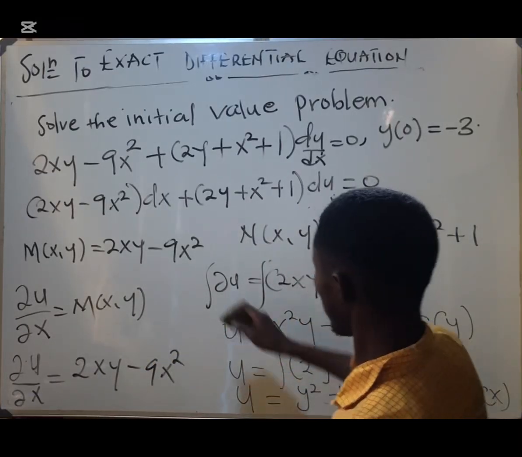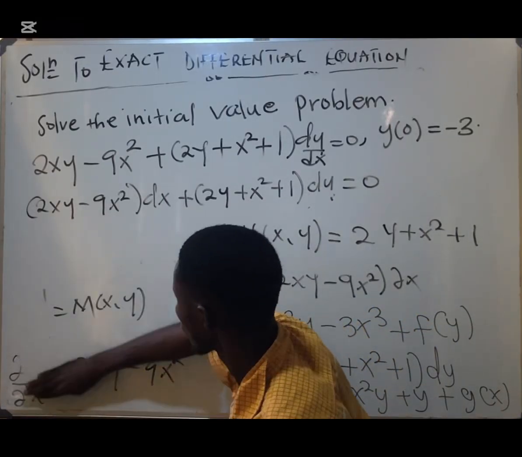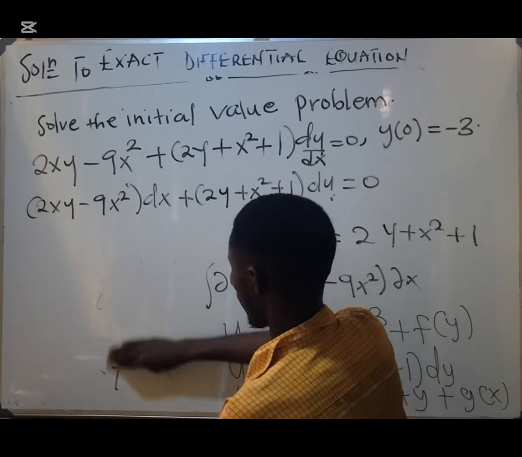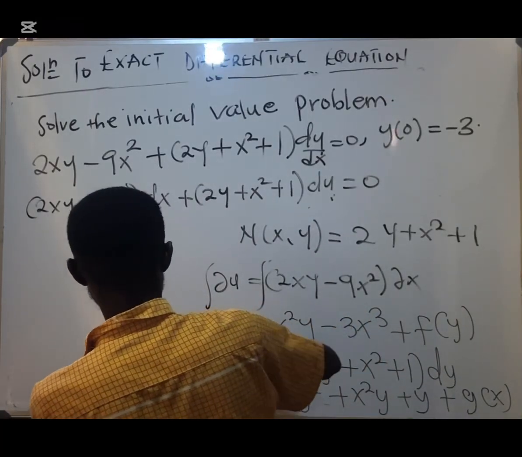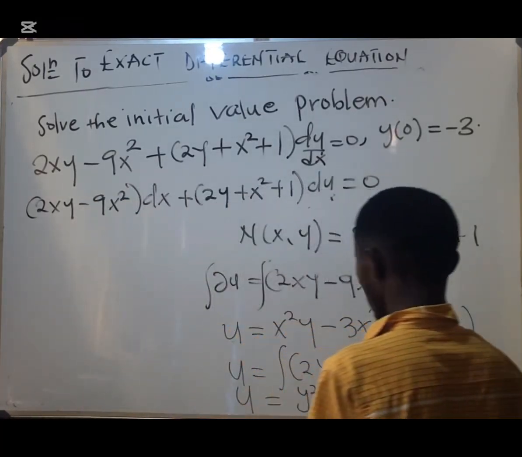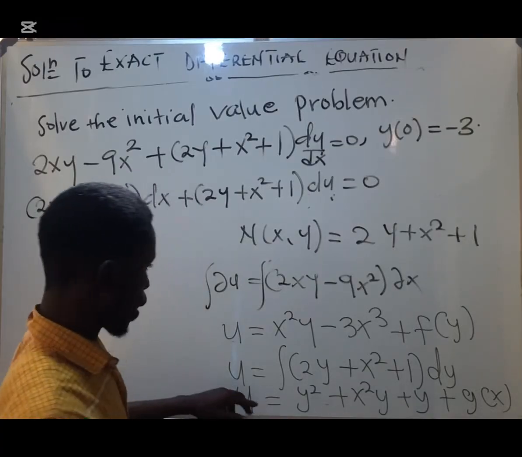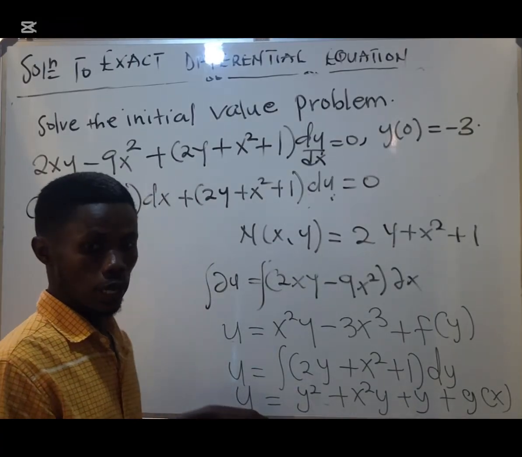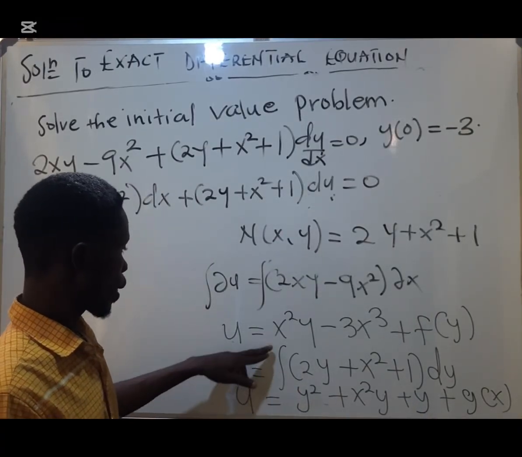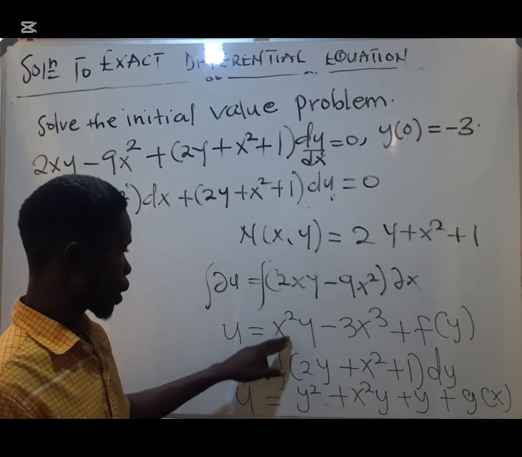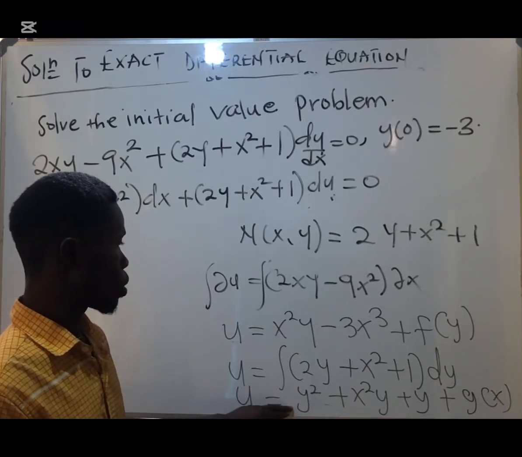So let me come to this place. We realize that, as I did for the first one, this one and this are the same. This and that are the same. So what I have to do is just compare.